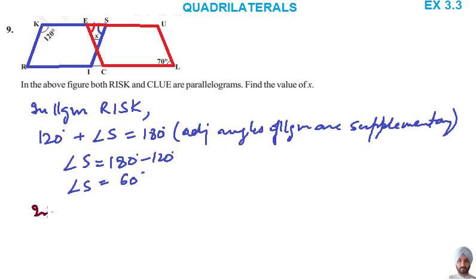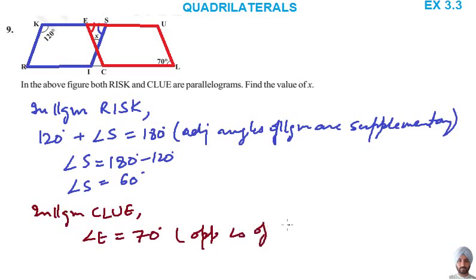So now in parallelogram CLUE, angle E is equal to 70 degrees. Opposite angles of a parallelogram are equal.